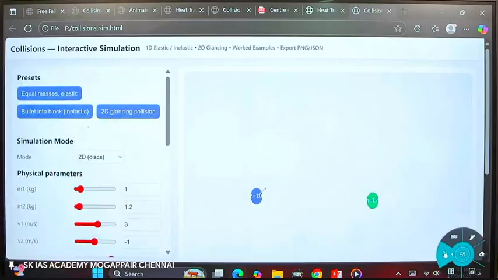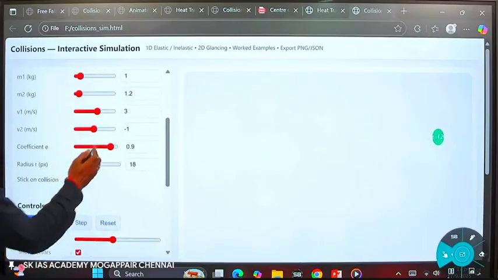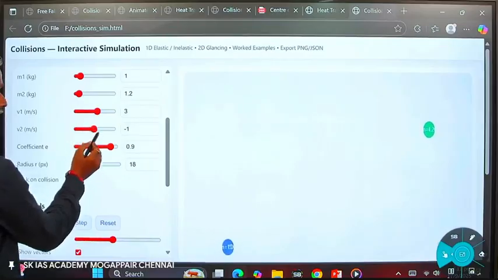Third, 2D. Okay, this is the 2D. Actually I have given less velocity, so it will strike.